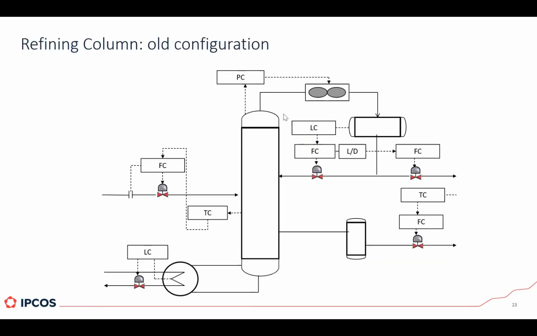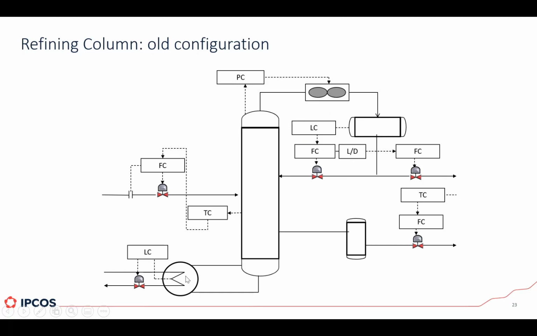So what did we find? We found a column in which there was no real control of the bottom duty to the column. This is low pressure steam that is used in this reboiler.